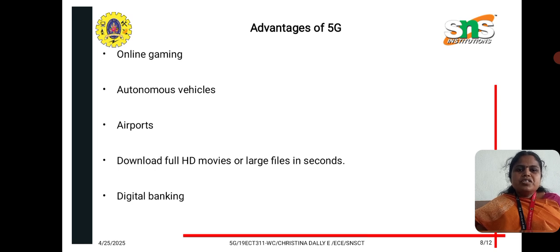It is used in airports, where the Wi-Fi connection is easily connected. If we want to download HD movies, with 5G technology they can be easily downloaded. And digital banking, which we use nowadays, can be used with the help of 5G technology.